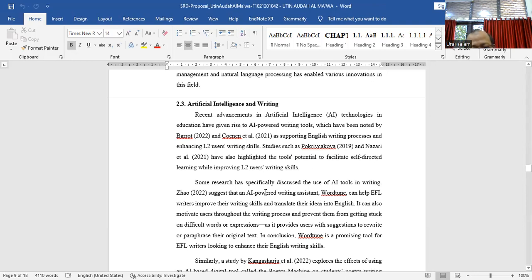Because in helping writing, we are talking about how AI helps us. The first one is about grammar checker, spelling checker, things like that. And the second one, the AI helps us with translation and paraphrasing tools.